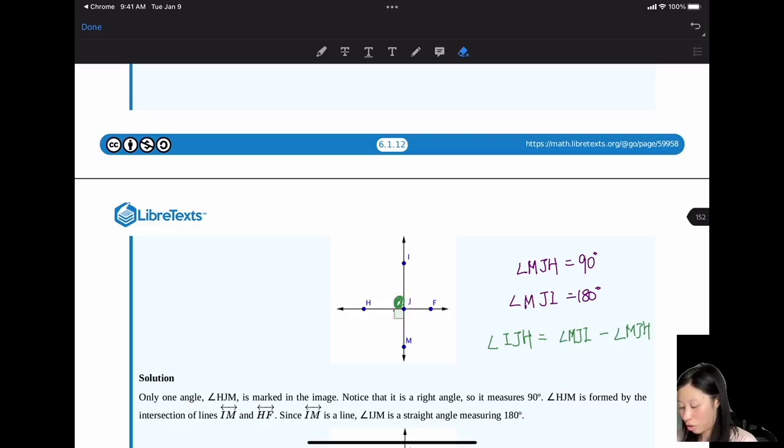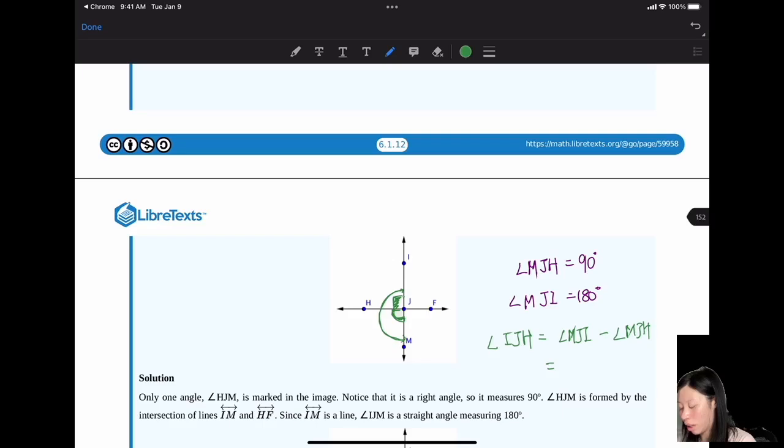Okay, I'm going to demonstrate this again. The whole straight angle was formed by two smaller angles. One is the known one, which is 90 degrees, and the other is the one that we don't know, but we're trying to find out its measurement, which is IJH.